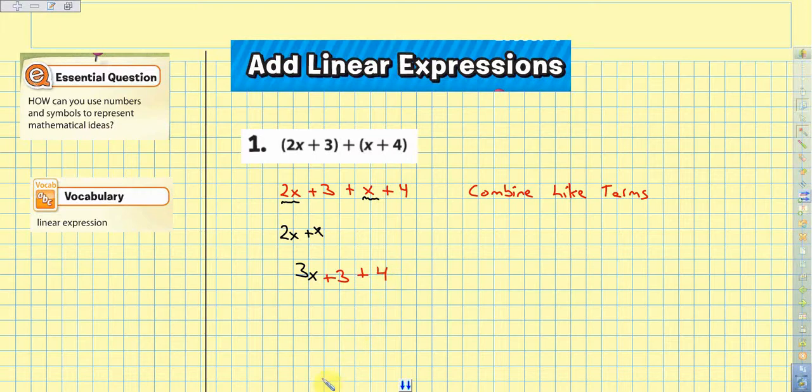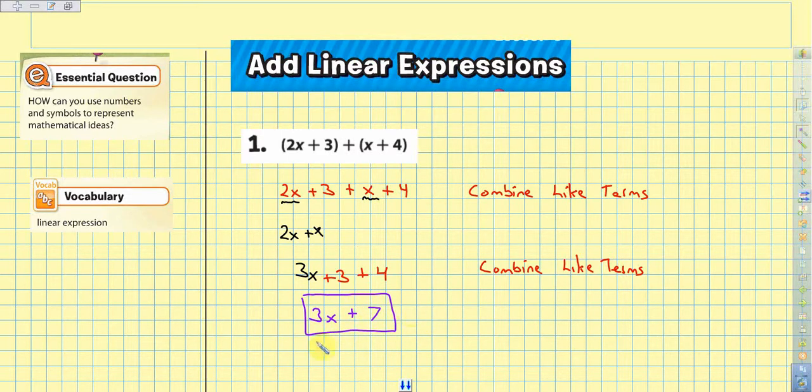You could combine like terms again. 3 plus 4. We're going to get an answer of 3x plus 7. Okay, we can't combine like terms anymore. We don't have any like terms to combine. So we have an expression as an answer.